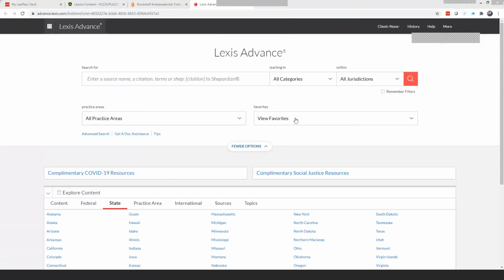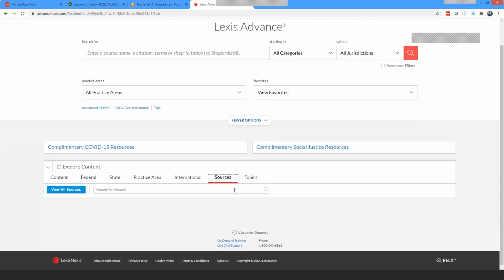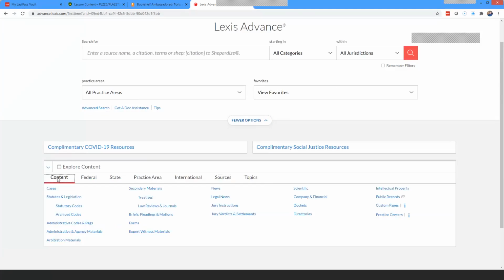Okay, can you guys see the Lexis Advanced screen? Okay. We're not going to use state this time. We're going to use sources. Oh, content.